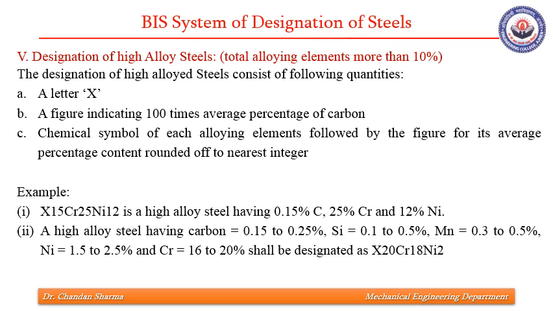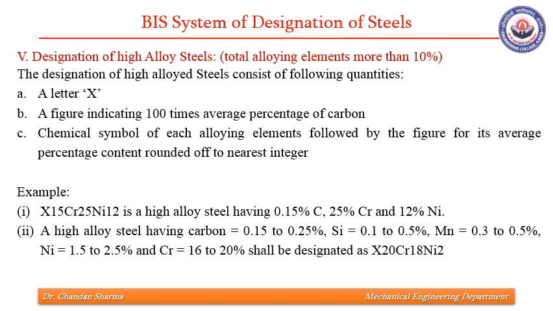Now let us see what will happen when the percentage of alloy elements is more than 10%. They are termed as high alloy steel. First of all, the designation will start with the letter X. That means if it is starting with X, it is certainly a high alloy steel, but it will not leave the percentage of carbon.